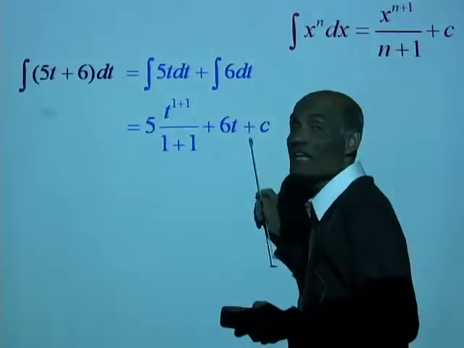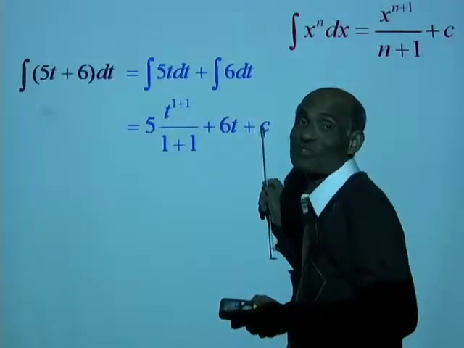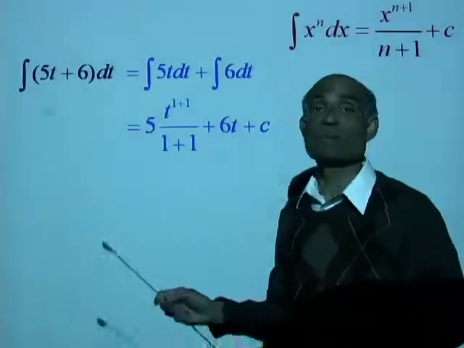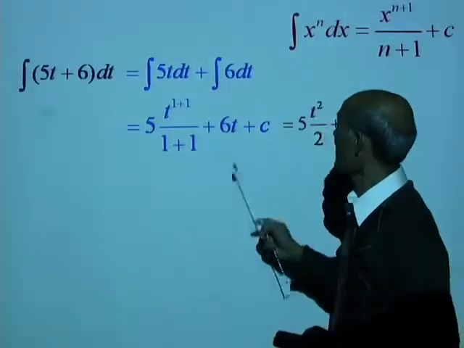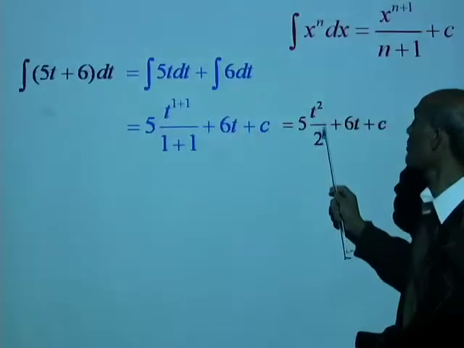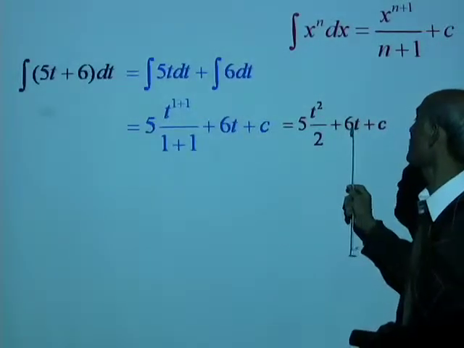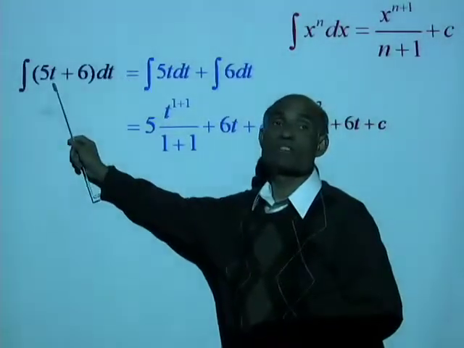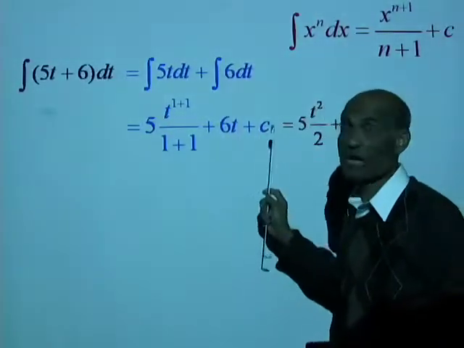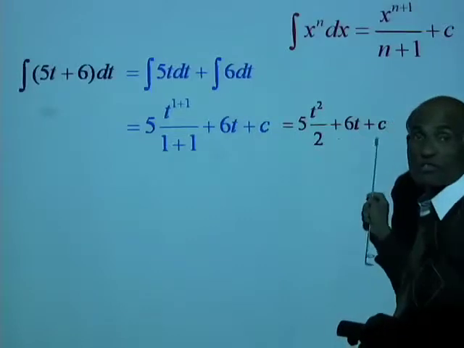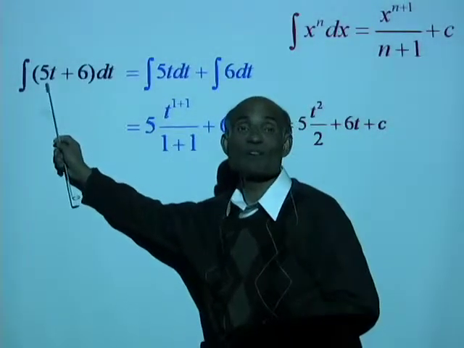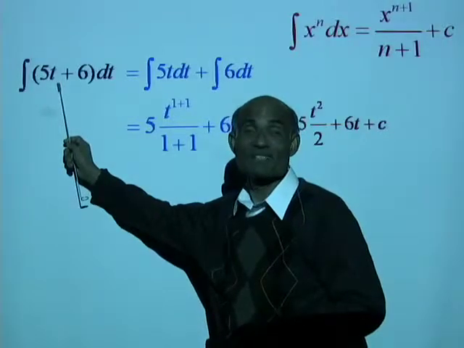So we need only use one constant, which takes care of the constant in each case. So what is the result? That will be 5t squared over 2 plus 6t plus c, and that is the result of integrating this. Which means if you find the derivative of this quantity, it must be 5t plus 6. Is that right? Try that on your own.